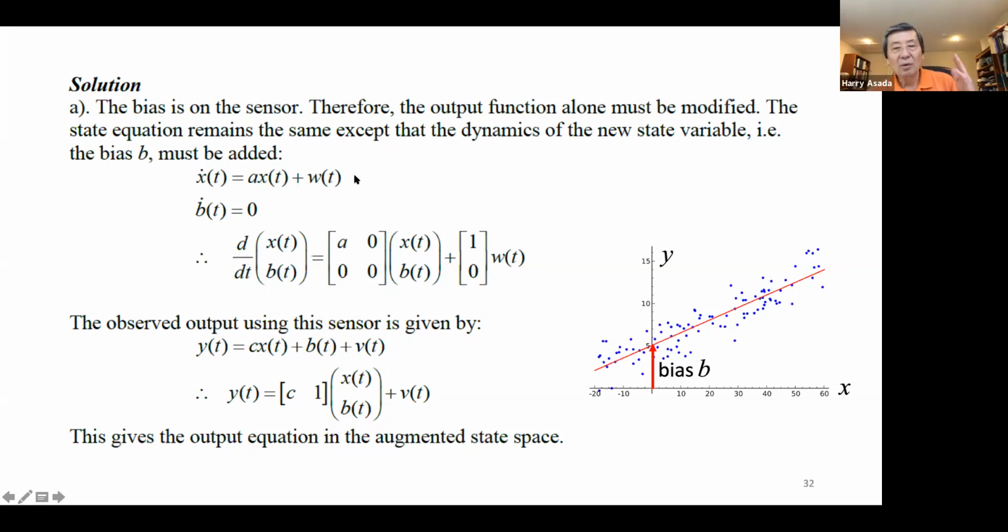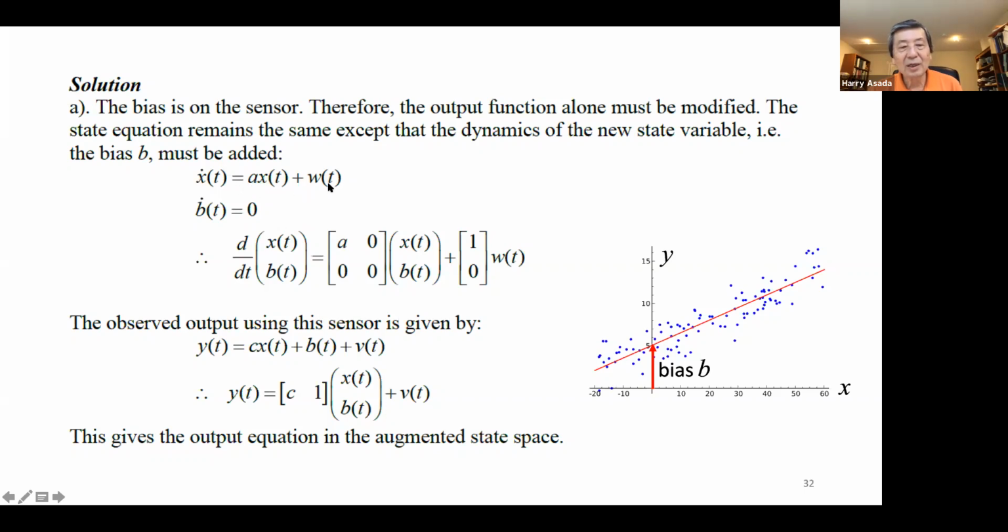However, we augment the state, and we treat the bias b as a new state. So the state equation should include the transitions of b, so db/dt must be added. But we assumed b to be constant, yet unknown, so b dot is 0. It doesn't change. Therefore, the state equation in augmented space can be written this way.